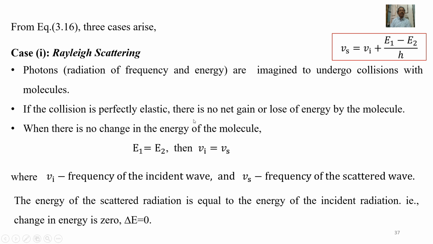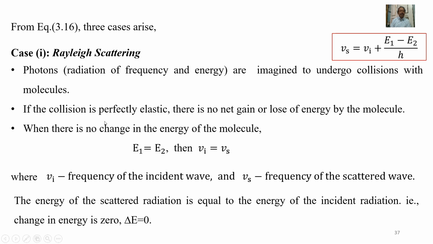Now from equation 3.16, we can have three cases. So this is the equation nu S equals nu I plus E1 minus E2 by h. The first case is nothing but Rayleigh scattering. Photons, radiation of frequency and energy are imagined to undergo collisions with the molecules. If the collision is perfectly elastic, there is no net gain or loss of energy by the molecule.